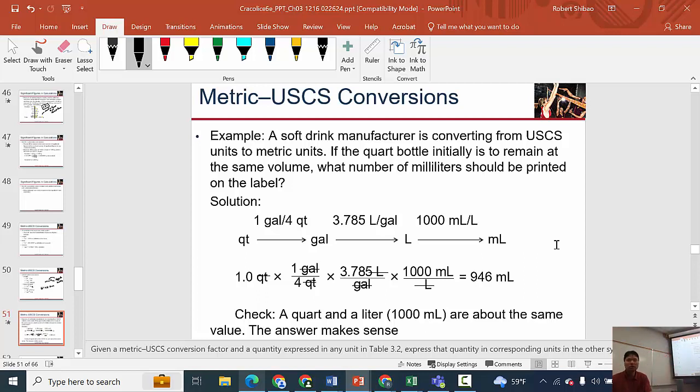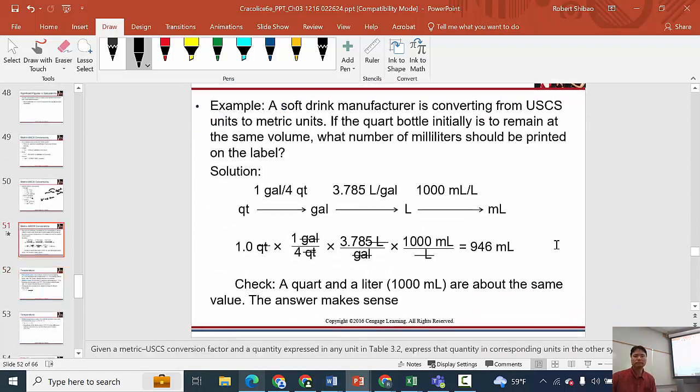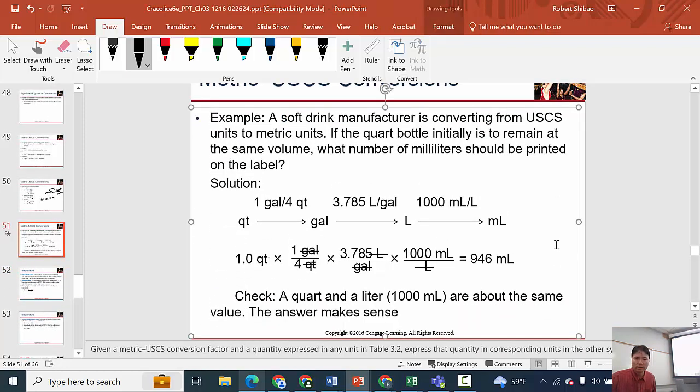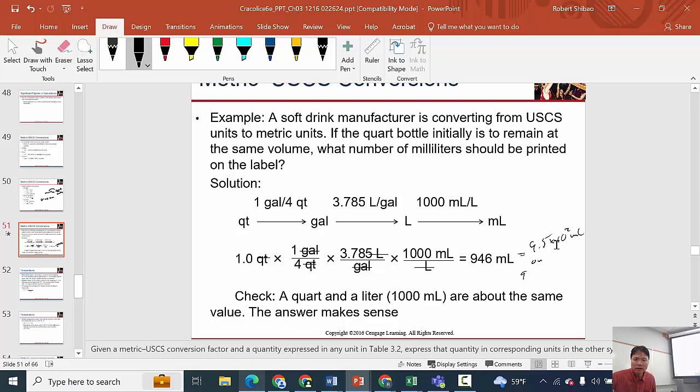And so to get this to the correct number of sig figs, which our book didn't do, I do this, 9.5 times 10 squared milliliters, or 950 milliliters. This zero may or may not be significant. And therefore, we can just say 950.